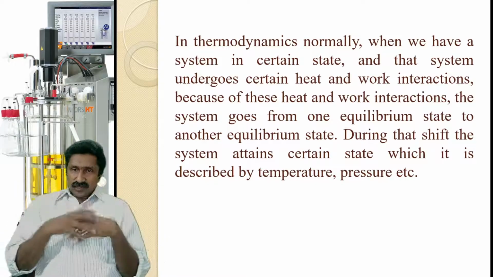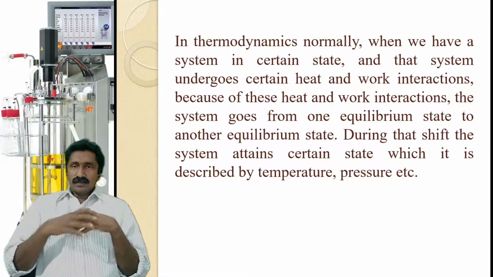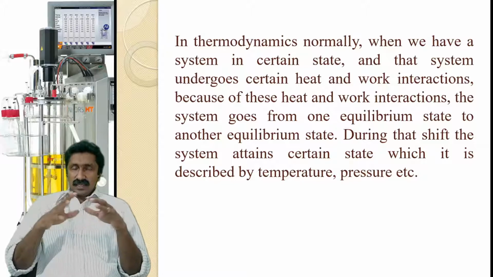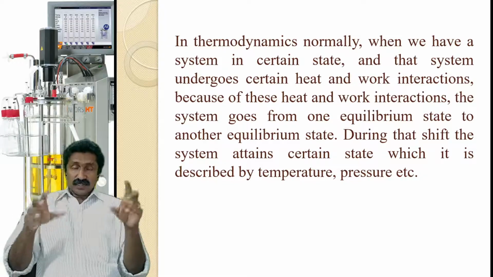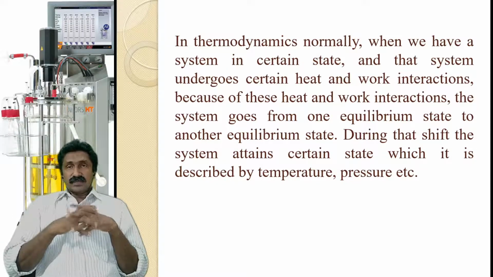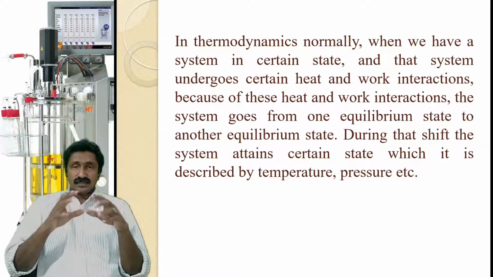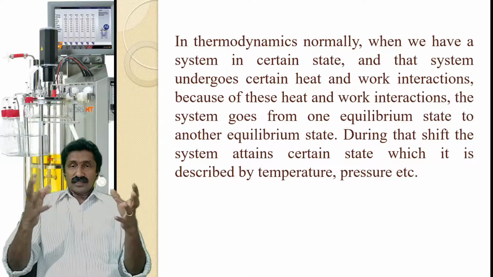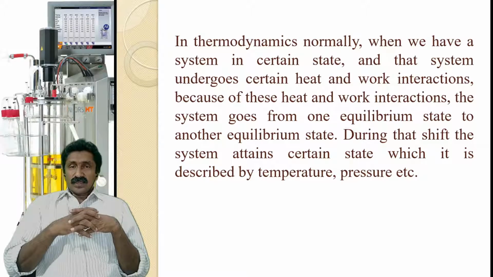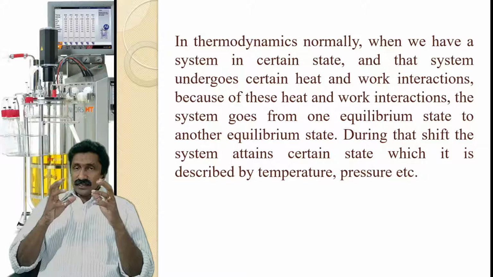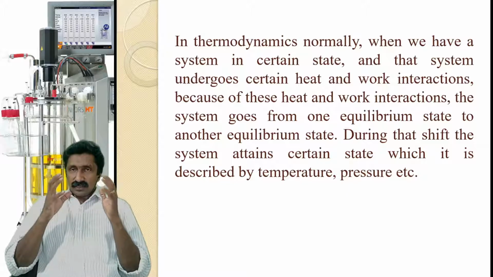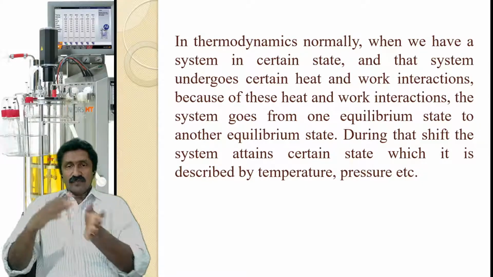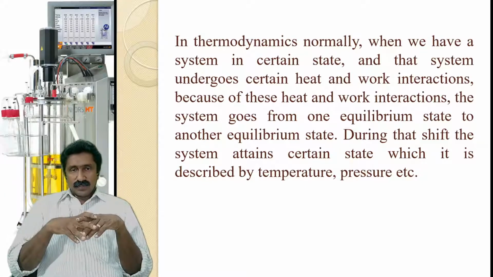It will attain another state; maybe it will boil or reach a higher temperature state. If it is within an autoclave or a pressure cooker, then it will have another temperature and pressure and different other conditions. So as a result of applying heat and different forms of work, the system will move to another state.